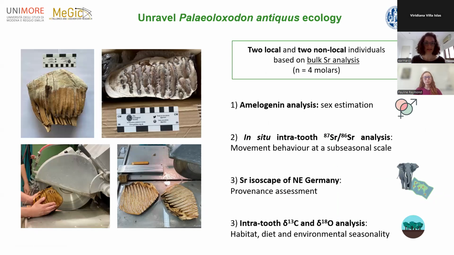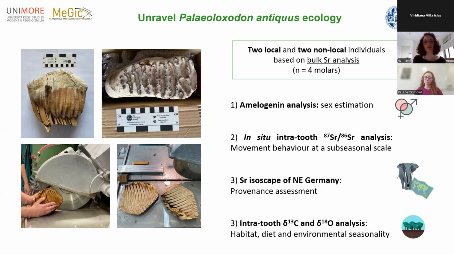So our analysis, starting with this part: finally, we selected overall 4 molars pertaining to 4 different individuals. Before the start of the project, a colleague performed bulk sampling on these teeth, which showed that some of the elephants displayed strontium values compatible with that of the site, and others didn't.